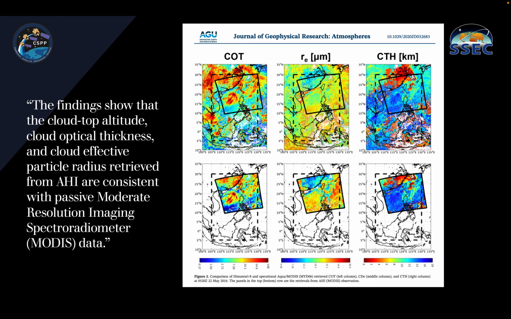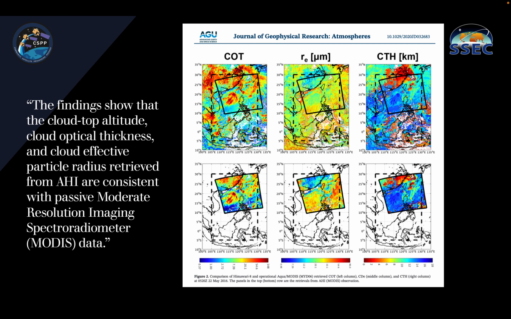And what they found in their publication was that the cloud properties, the cloud optical thickness, cloud effective radius, and the cloud top altitude were consistent with the retrievals they found with MODIS.